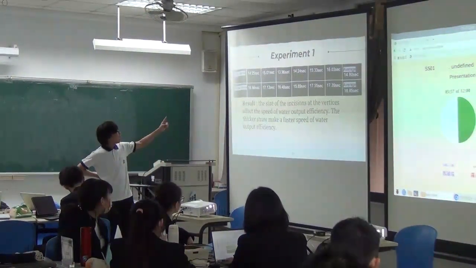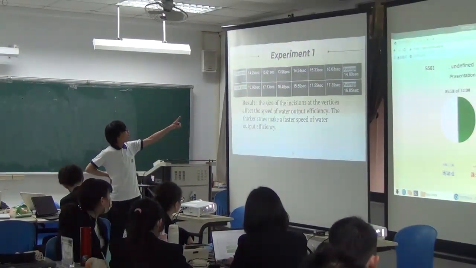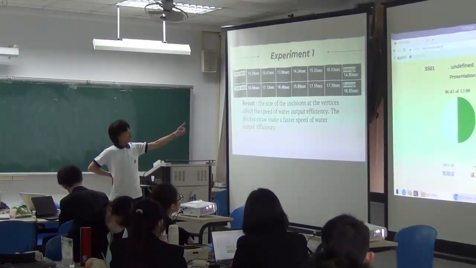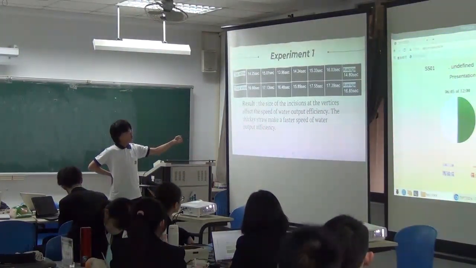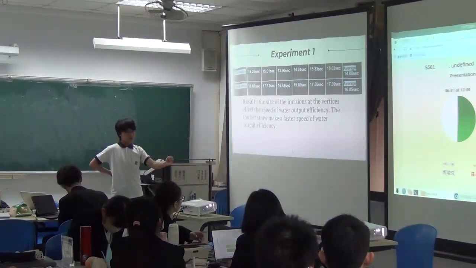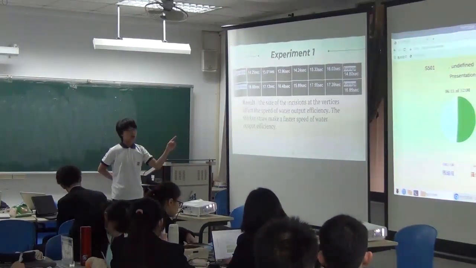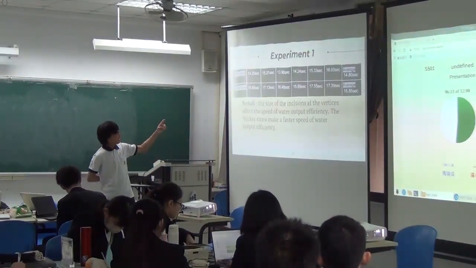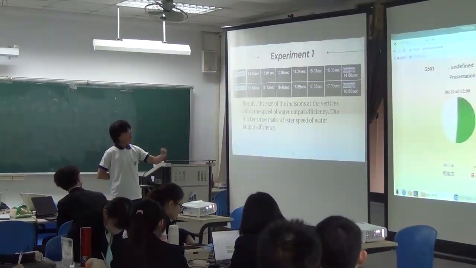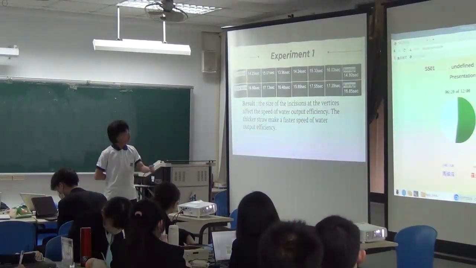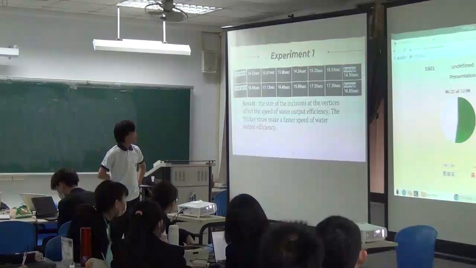You can see in most of the data the thin straw has water that stays in the air for a shorter time. So we can see the output that goes outside the center is much less than with the thicker straw.